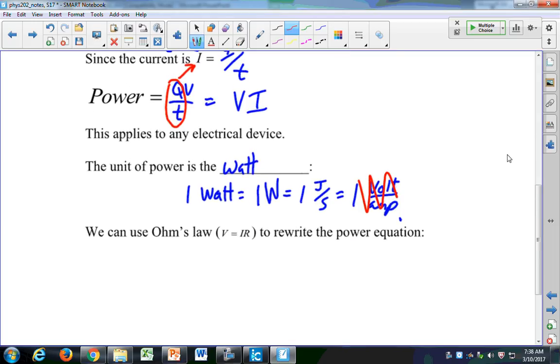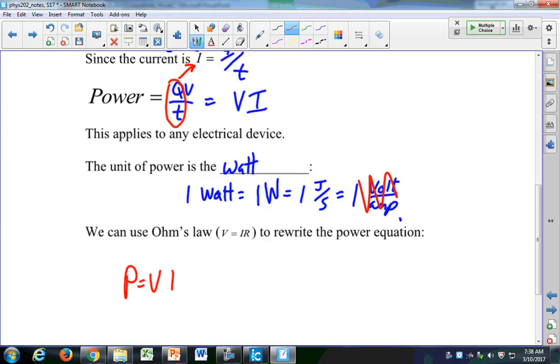All right. Sometimes, and we'll see, it'll be useful to rewrite this equation. These rewritings of the equation are on your equation sheet, so don't worry about memorizing them, but just know that they're there, because we'll see later when we do the concept test that sometimes we'll need to look at the power in different ways. So we have P equals VI.